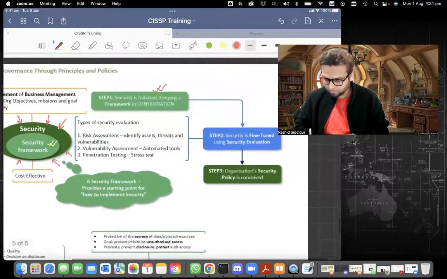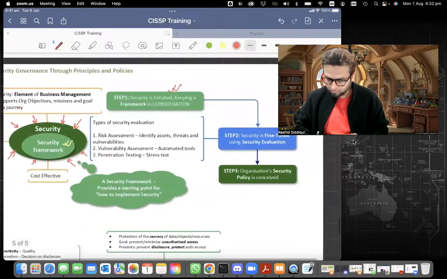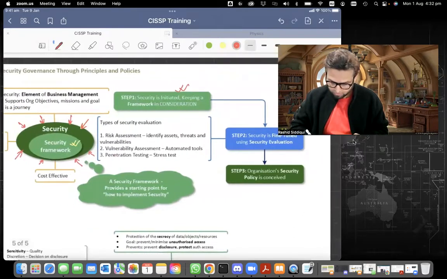Step number 2 is that the security is fine-tuned using security evaluation, and this evaluation could be risk assessment, vulnerability assessment, or penetration testing, right?